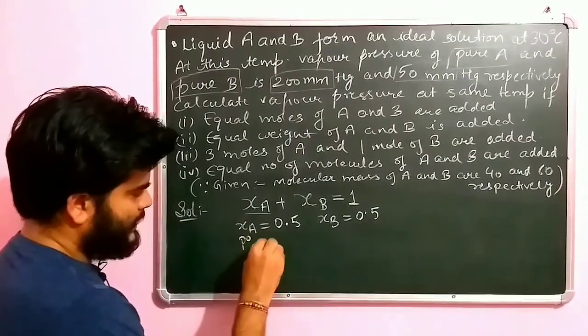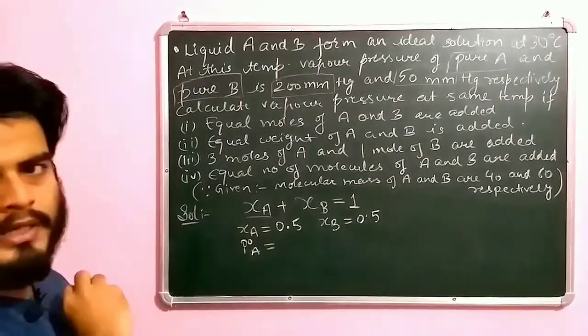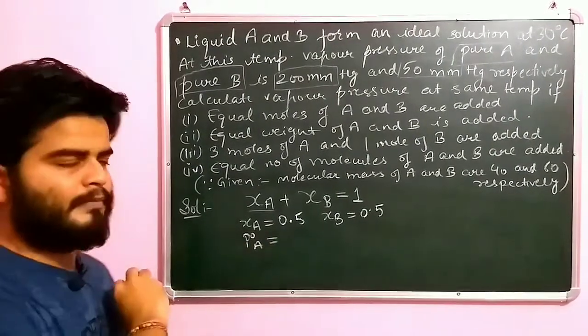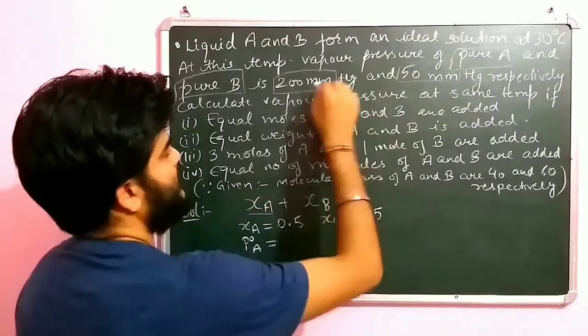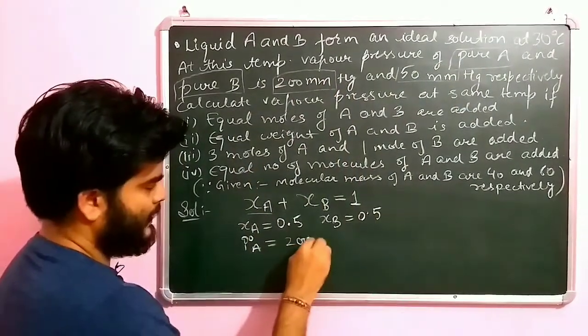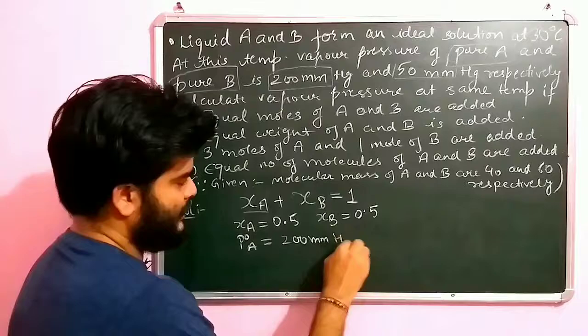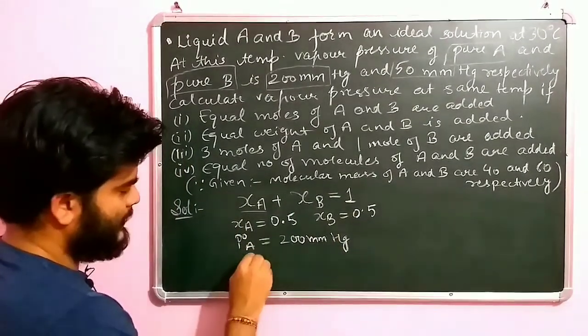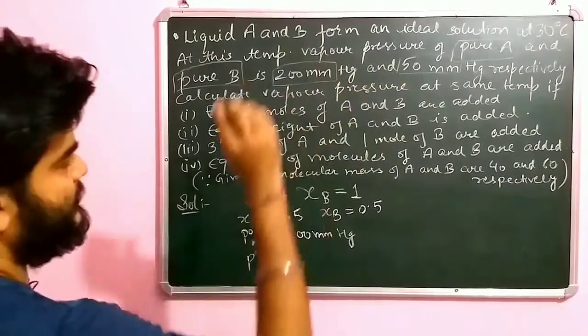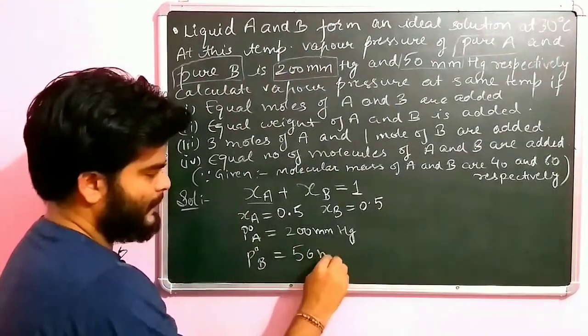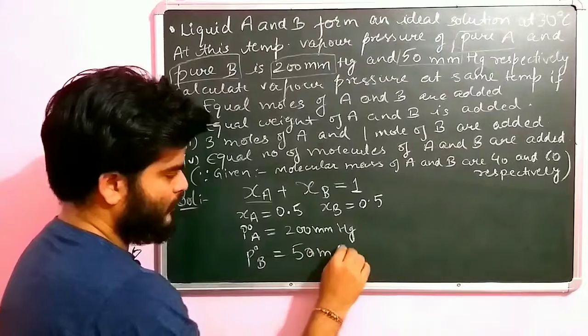In pure state, P naught A, this is vapor pressure in pure state. This is given, pure A is 200 mm Hg. Similarly, in pure state, P naught B, this is given 50 mm of Hg.